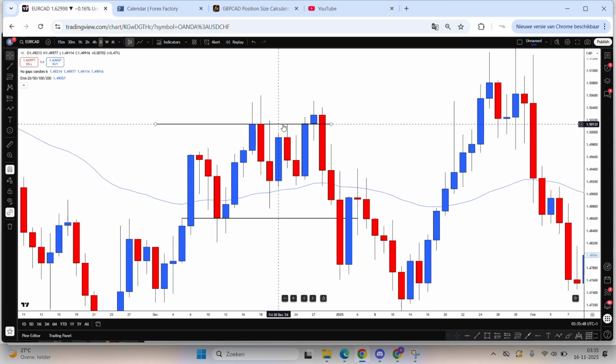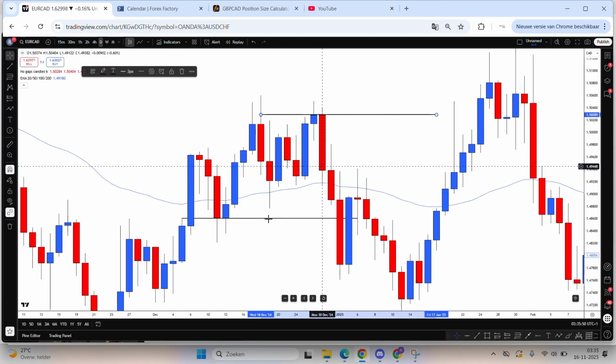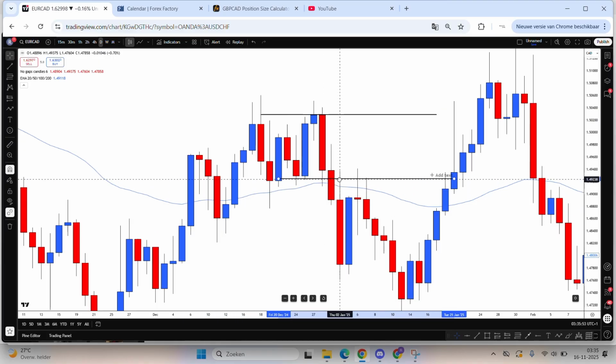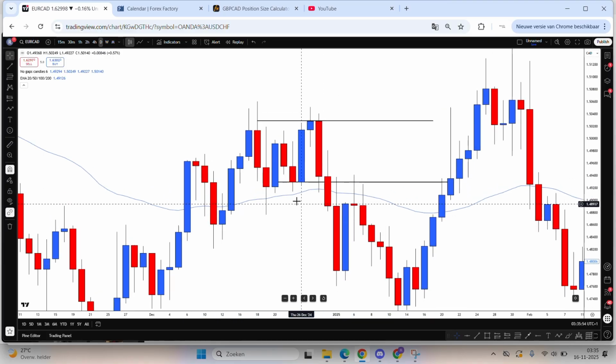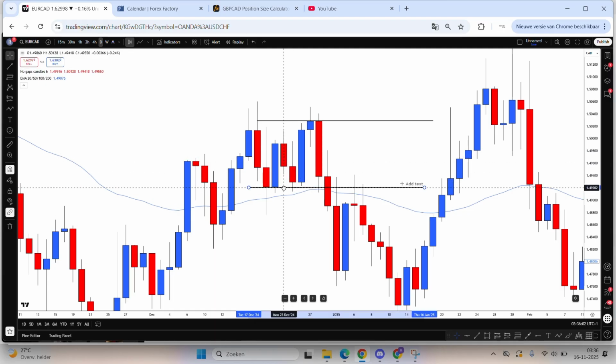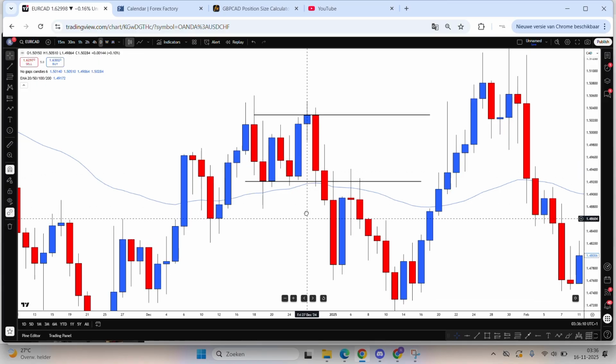Broke above again, same story. Higher high, higher low. All right? If this was one red candlestick, this was not the higher low, this was then the higher low because this has two sell candlesticks of the same color. That's really important.